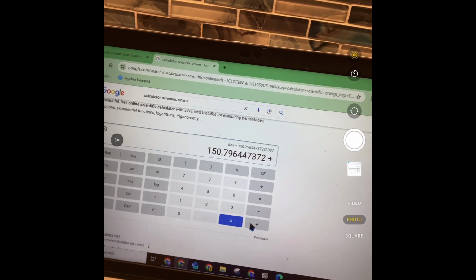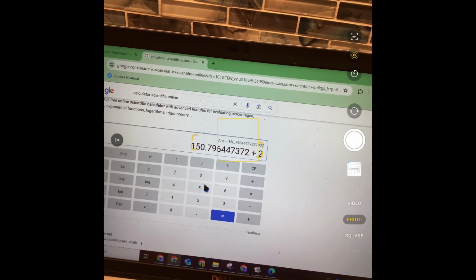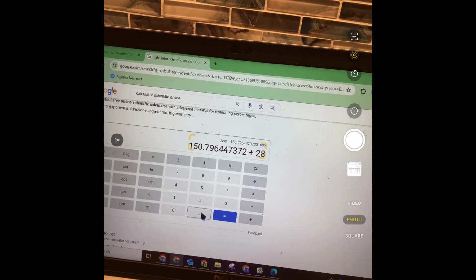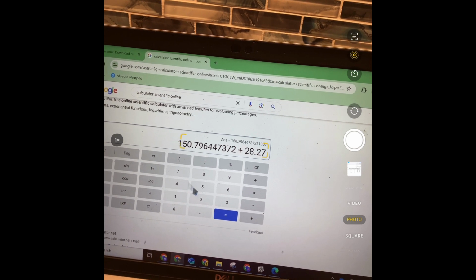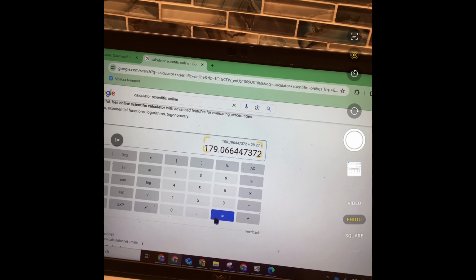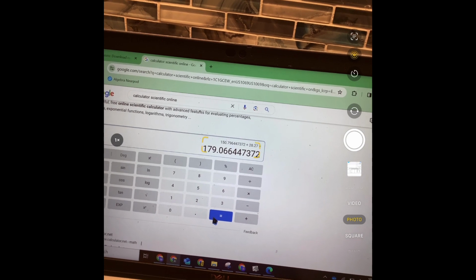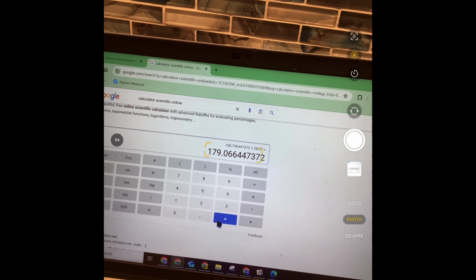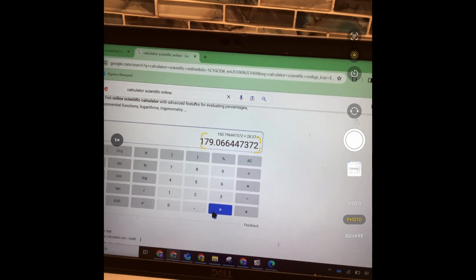Okay, so I go plus 28.27, and that is going to be 179.06. For those of you that are complaining right now, I know why you're complaining.